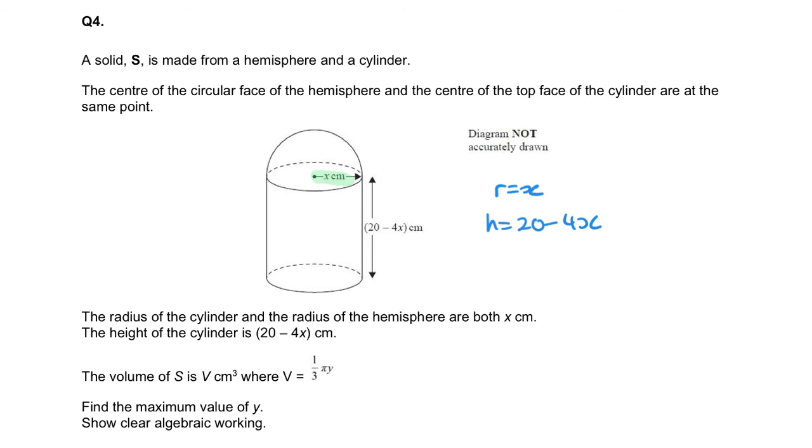The volume of a cylinder is pi r squared h, plus the volume of a hemisphere. This is given to us in the formula sheet at the front of your paper when you do an assessment. Plus 4 over 3 pi r cubed. However, this is for a whole sphere, we have half a sphere, so we're going to divide it by 2.